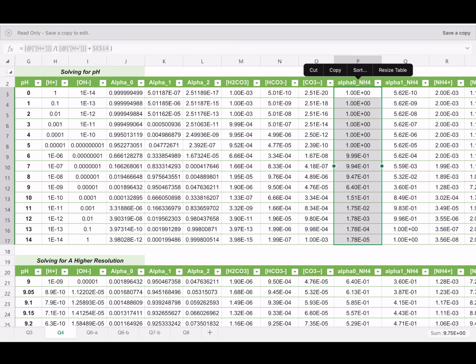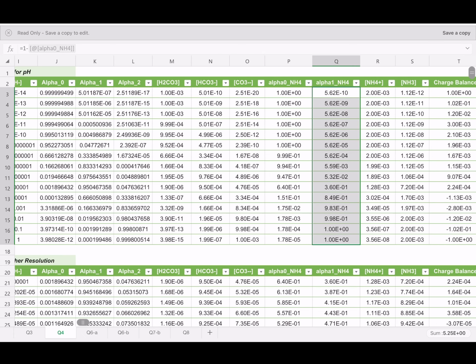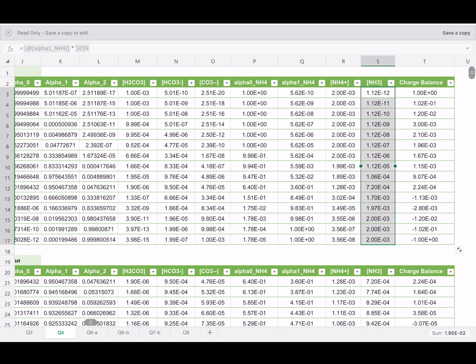So you need to define the alpha values first for the carbonate system, or for one of the systems, then calculate the species based on the alpha term, and then go for the alpha of the other one and calculate the species based on its total that we just talked about. The ammonia total has to be twice the carbonate total because it was added as ammonium carbonate, not ammonium bicarbonate, which in that case would be equal.